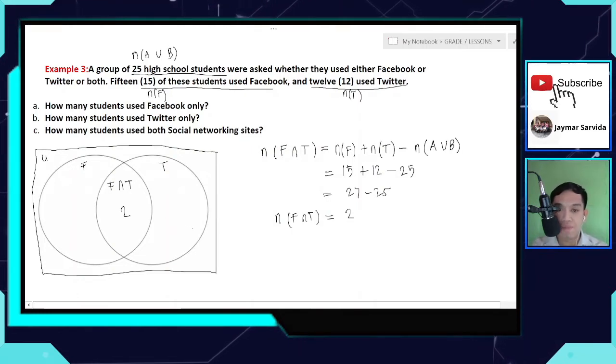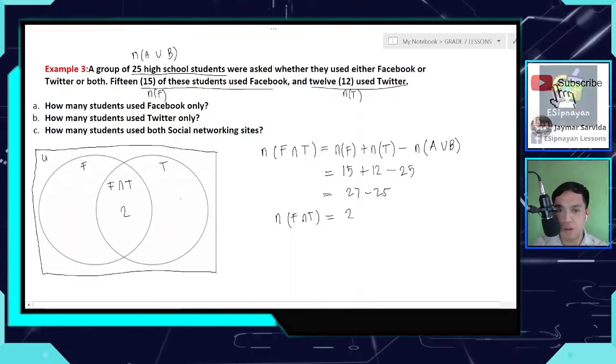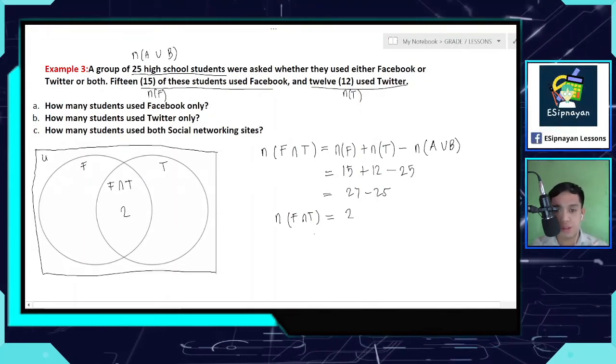Ngayon, ilan ba yung students na gusto lang yung Facebook at ilan yung students na gusto lang yung Twitter?